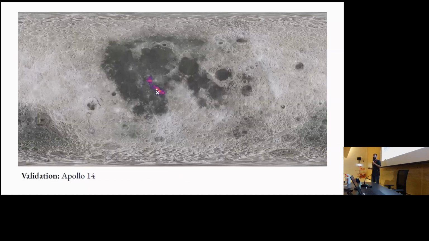So we ran this on 9 samples from Apollo and Luna, just to make sure that we weren't producing nonsense. And Apollo 14 showed really great constrainment. This was something that posed some issues with the previous method because of the very high thorium content. You had to extend the interval out very wide in order for it to match anything at all.